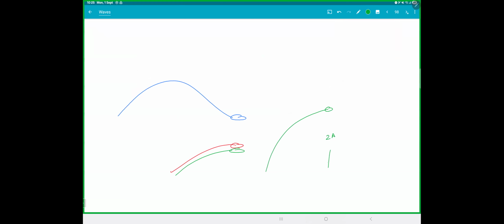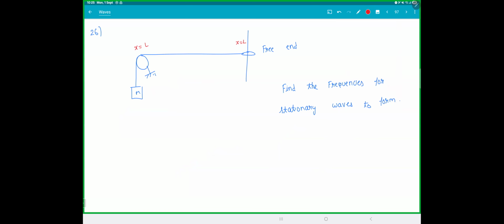Double, na? You're just folding the wave onto itself, isn't it? Now you tell me, in a stationary wave, which point has double the amplitude? Antinode. That's it. So the free end must be an antinode. Fixed ends are always nodes, free ends are always antinodes.